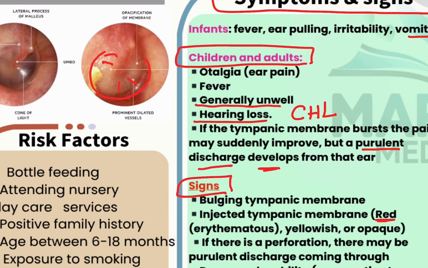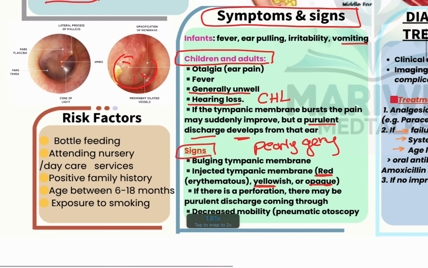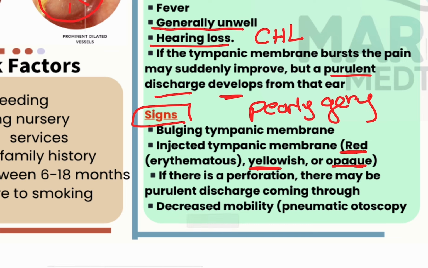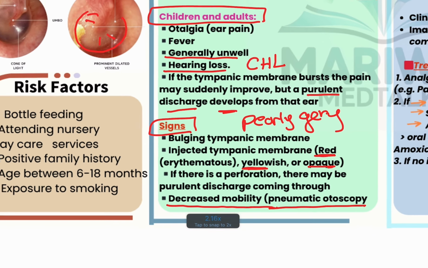The color changes from the normal pearly gray to either red or yellowish and opaque, depending on the stage of the otitis media. Usually in the early stages it's red and hyperemic, and later it transforms to yellowish due to exudative fluid production. We will also notice decreased mobility on pneumatic otoscopy.